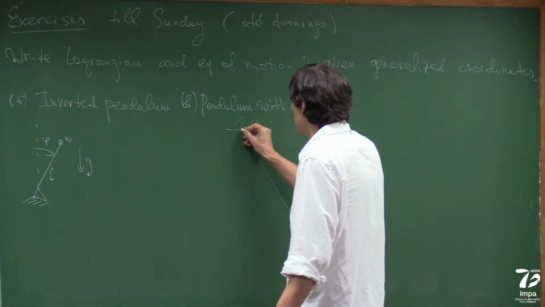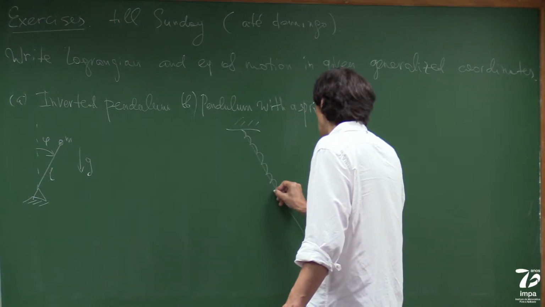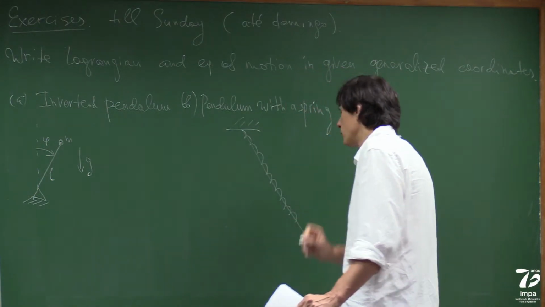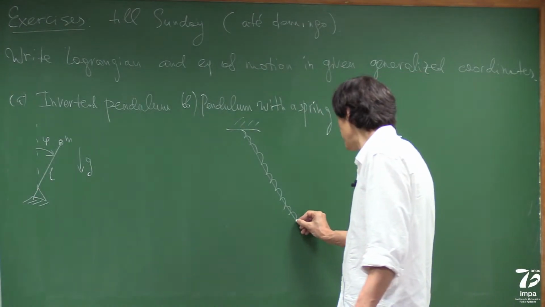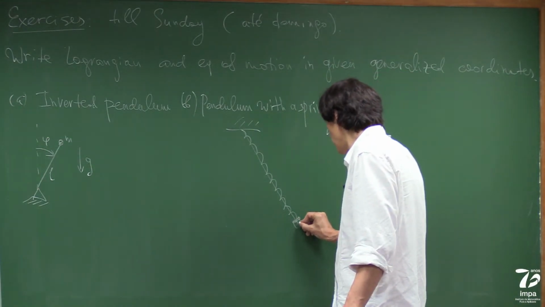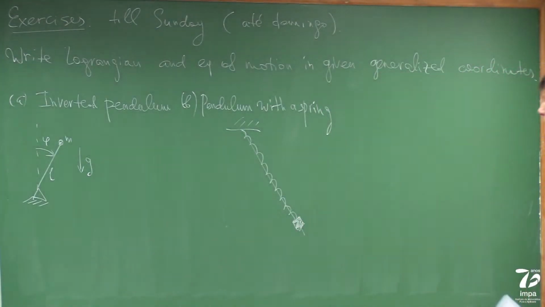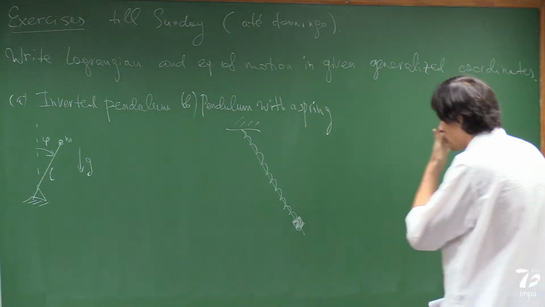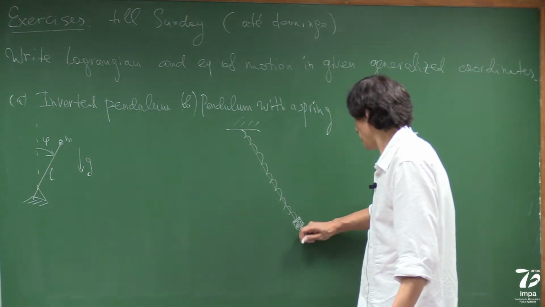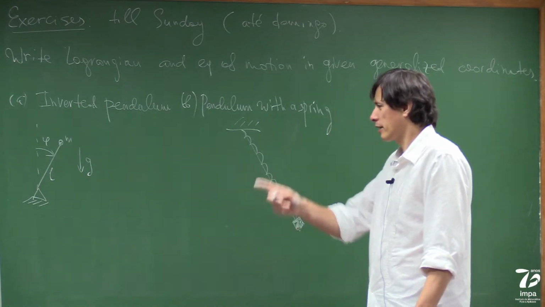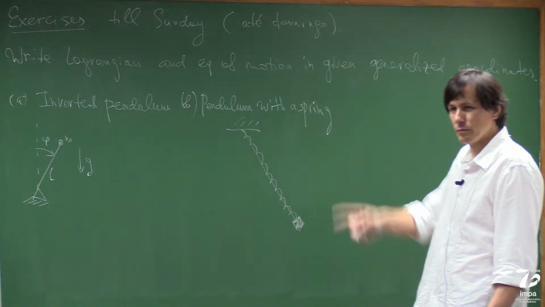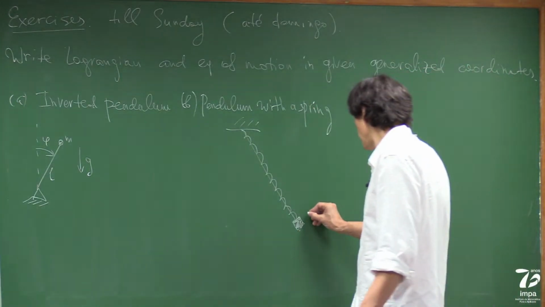You put an elastic spring with mass at the end. So this spring is massless, so it's always straight. So it can move and also jump. So here we have mass m.